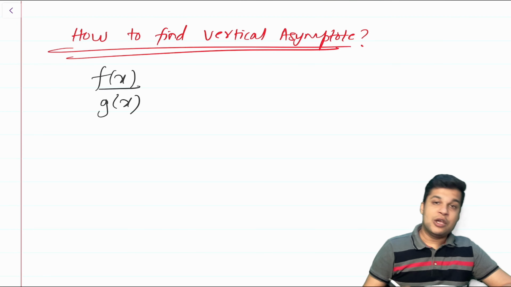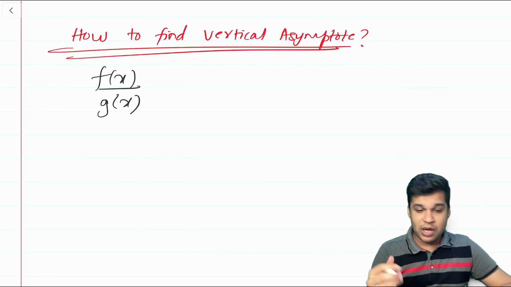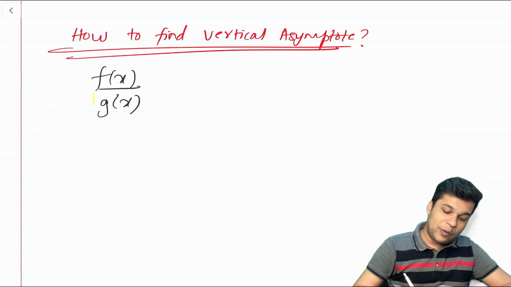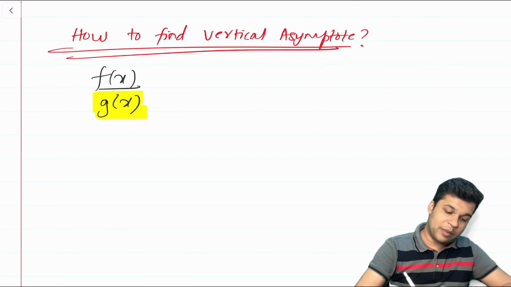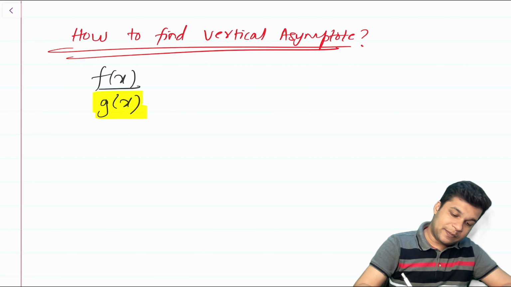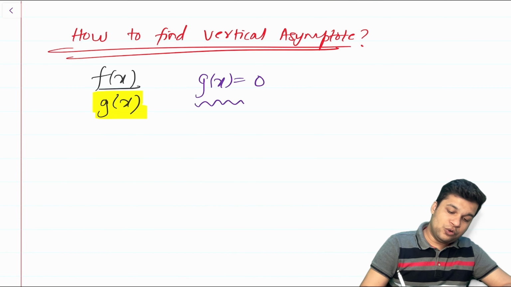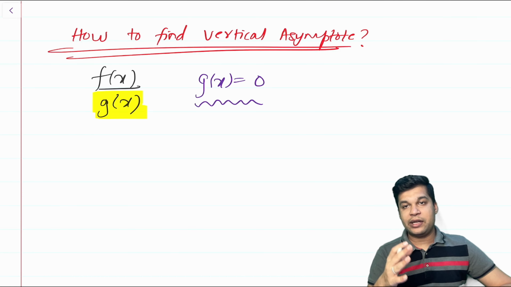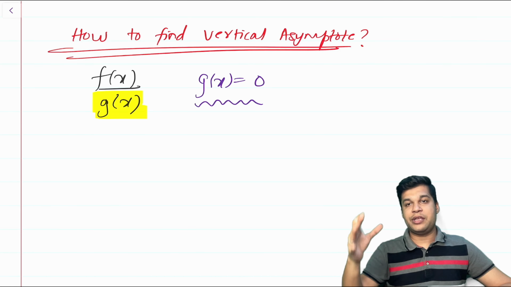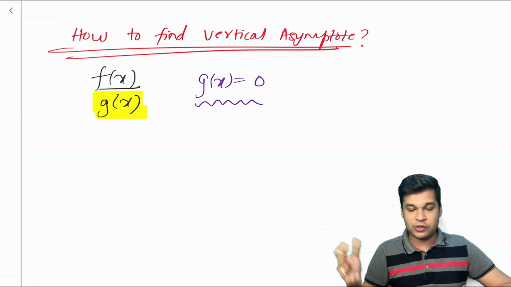How to find the vertical asymptote? Always equate the denominator to 0. So equate g(x) equal to 0, and once you do that, you will get the vertical asymptote. You can have one vertical asymptote, two vertical asymptotes, 3, 4. It depends on the equation.